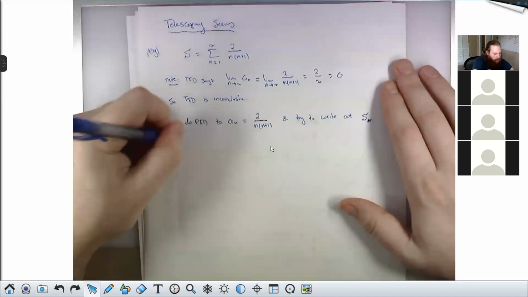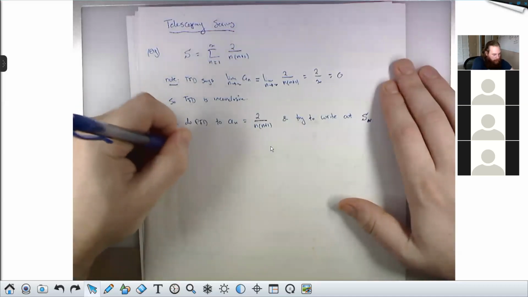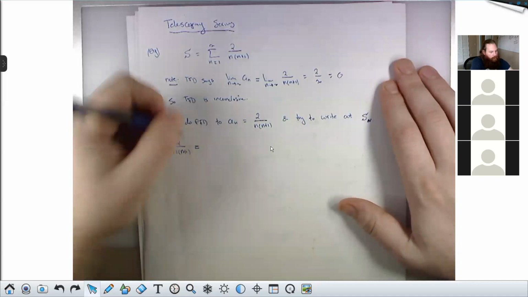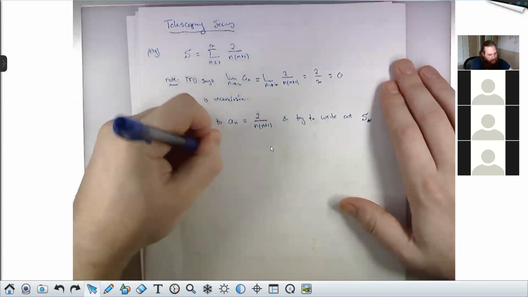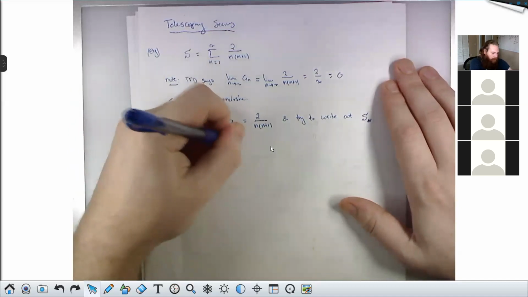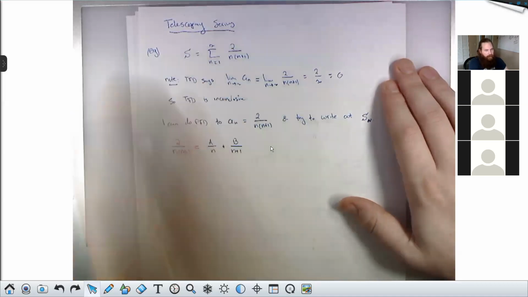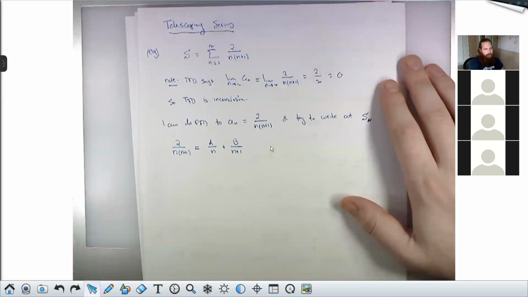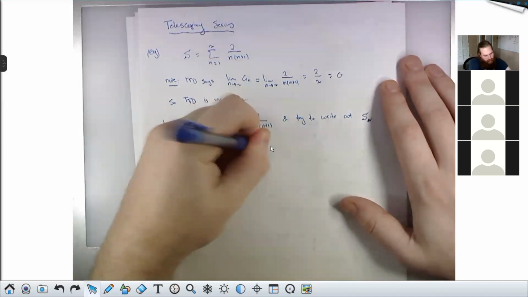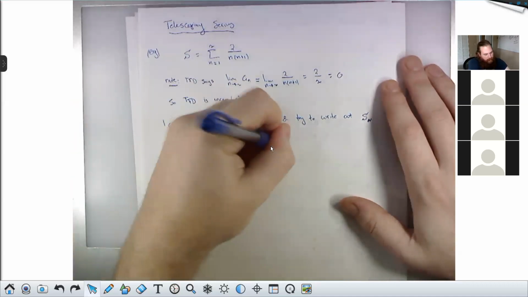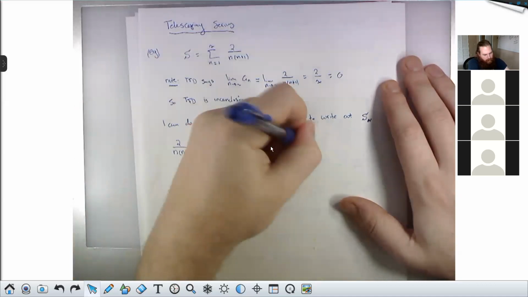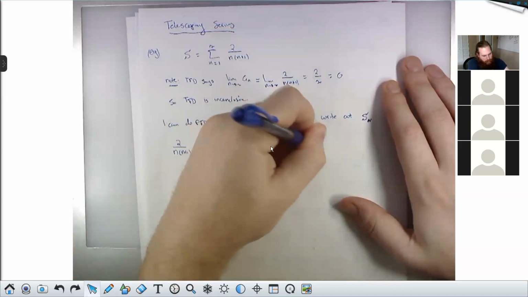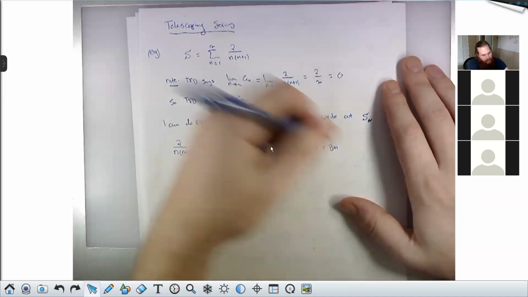So I take 2 over n times n plus 1, and this is our second major use for partial fractions in this class. And I say I'm going to try to split it up like this. If I clear the denominators, I get 2 equals A times n plus 1 plus B times n.